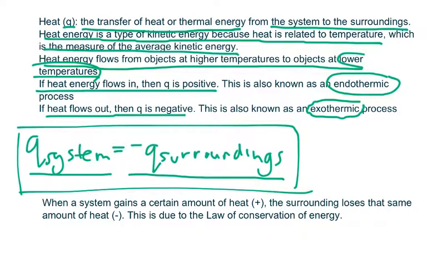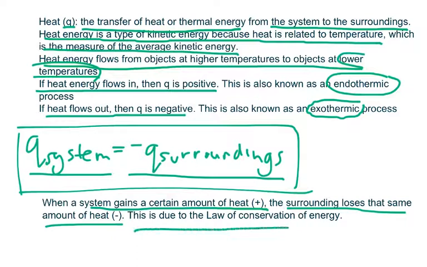Now, how does this make sense? Well, when a system gains a certain amount of energy, so it would be a positive amount of energy, then the surroundings would lose that same amount of heat. And this is due to the law of conservation of energy.